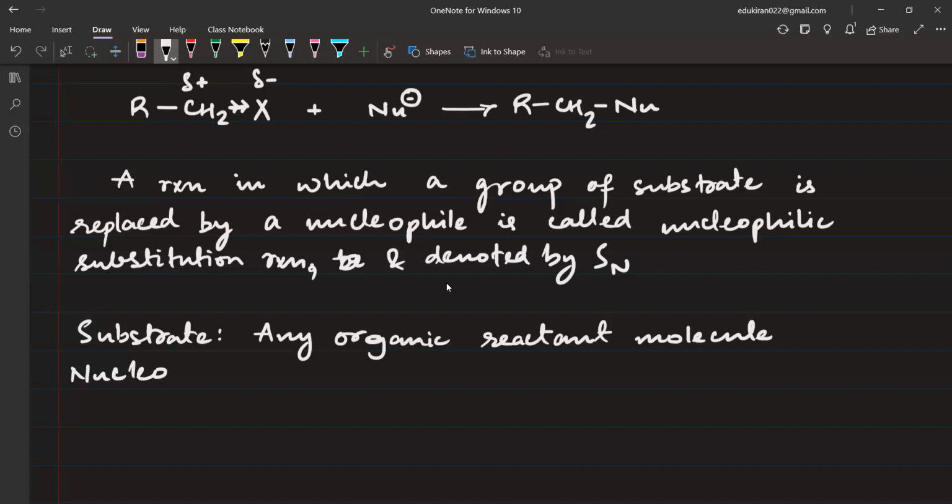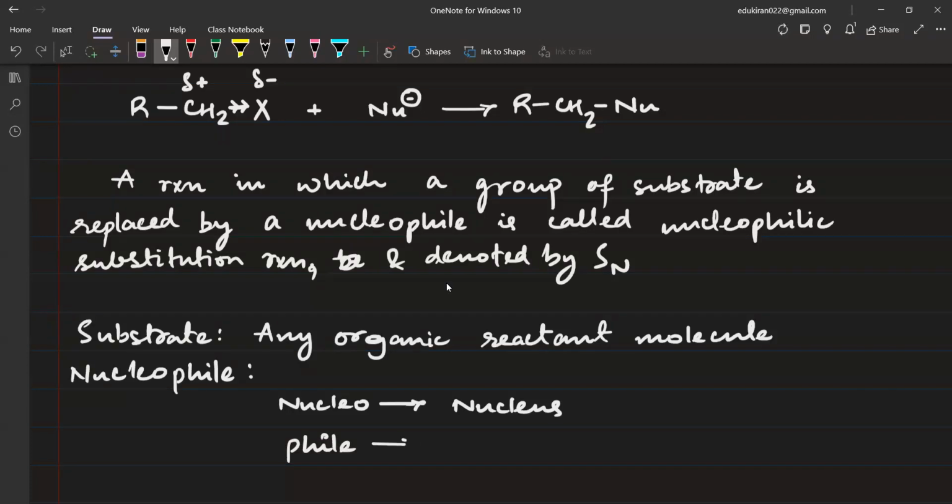And then we have nucleophile. So what is a nucleophile? Nucleophile is made up of two words, nucleo, which means nucleus. If you remember what charge is in the nucleus, these are positively charged because of the presence of protons. You have nucleo, and then we have phile.